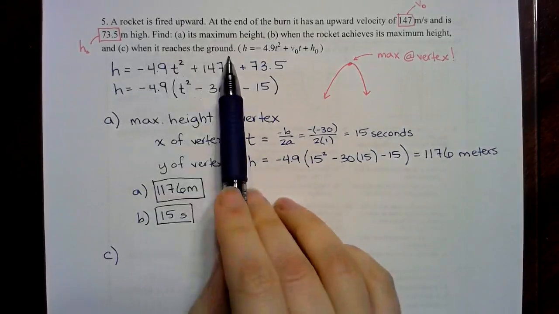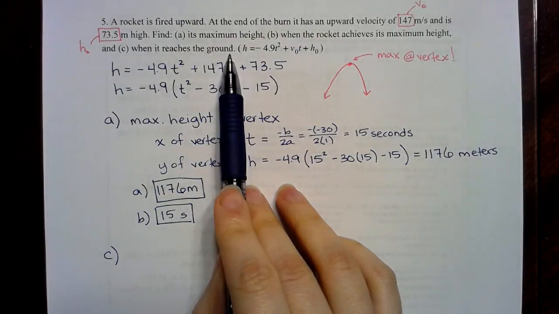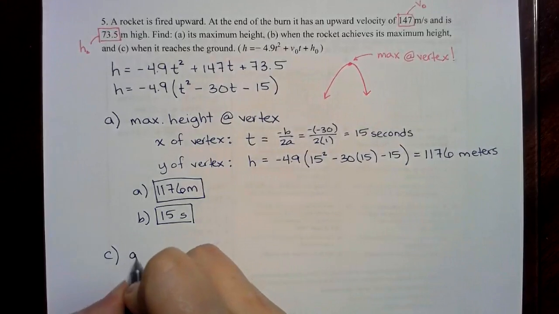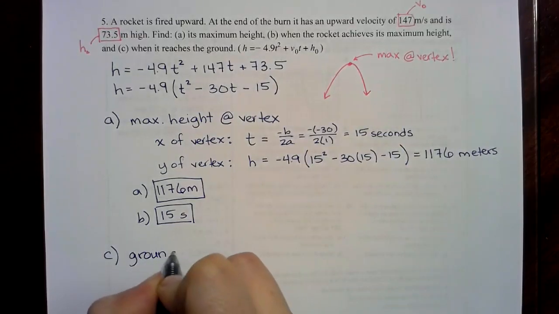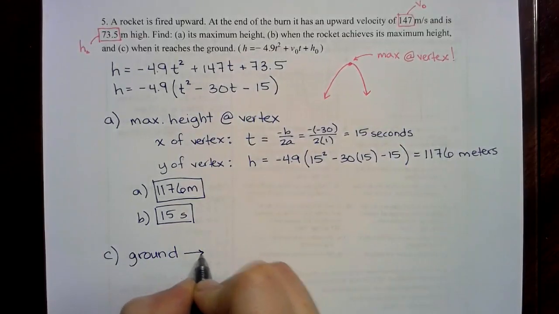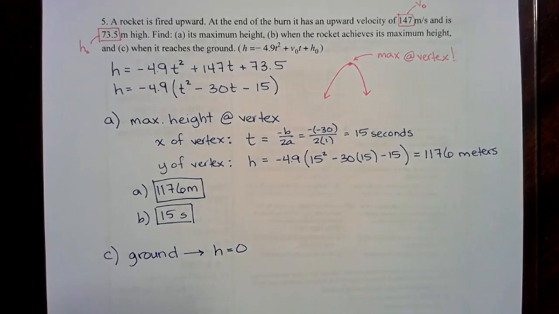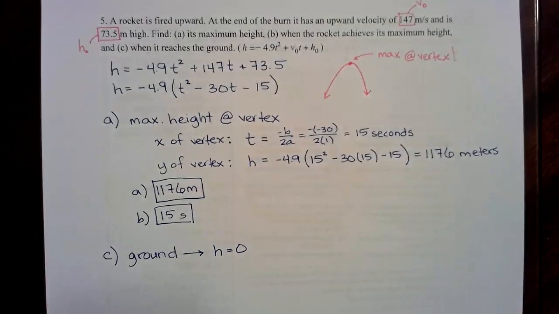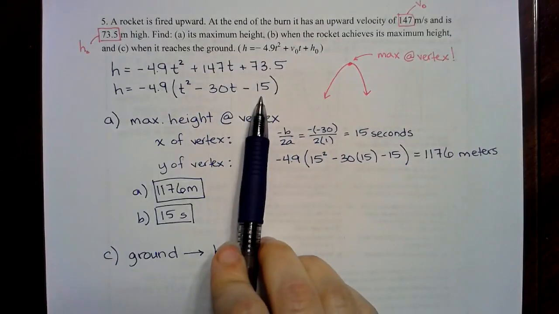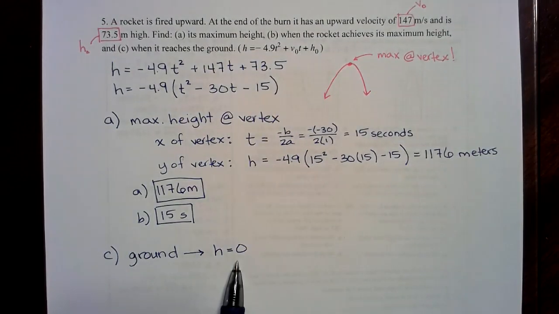Okay, C is about when it reaches the ground. So what does ground mean? Ground means that the height is 0. So let's go back to this formula that I had and figure out when the height is 0.